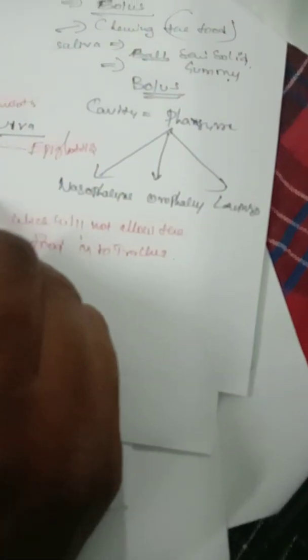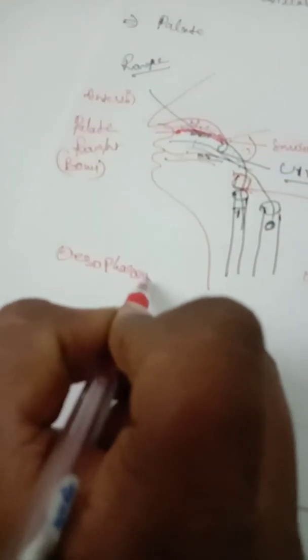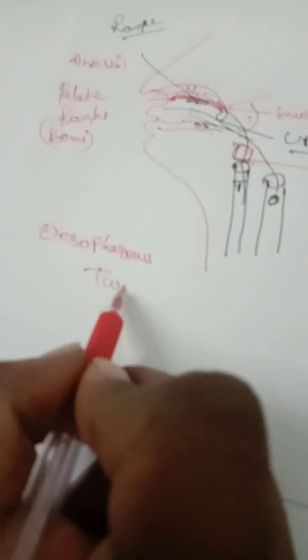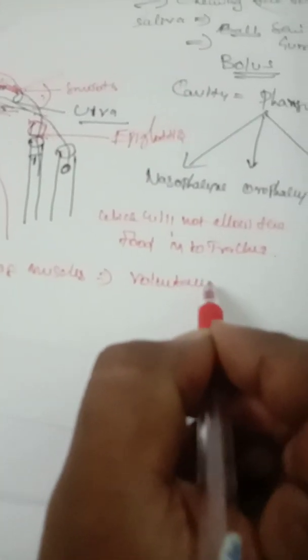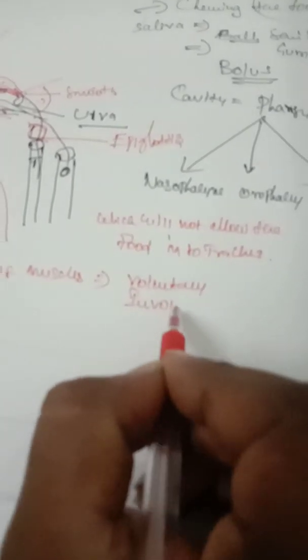In the esophagus there are two types of muscles: voluntary and involuntary.